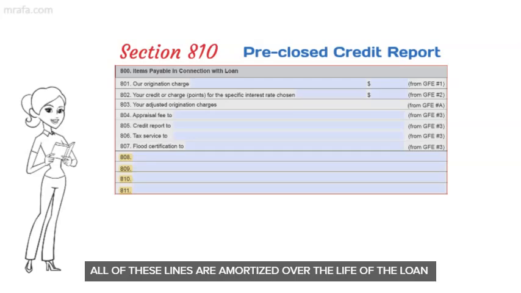So it could be different in different HUD settlements, but those are just examples. For this example, Section 807 was the flood certification, and 806 is tax service. But you have to just read what's in the description in each section, so that you understand what fees you're paying. And all these fees, you have to amortize over the life of the loan.